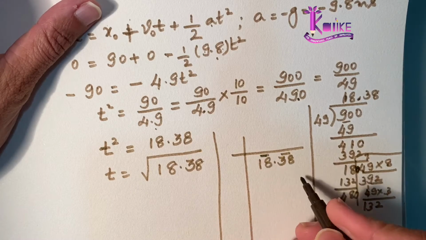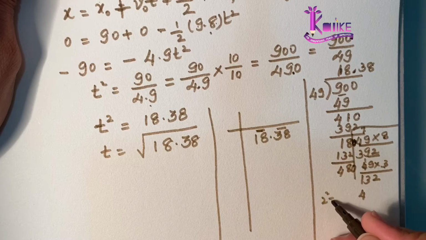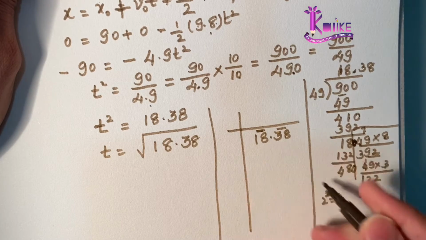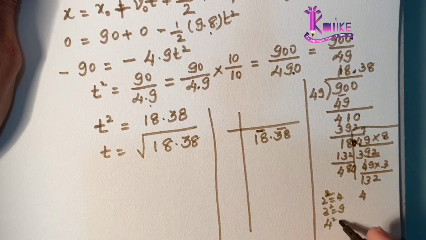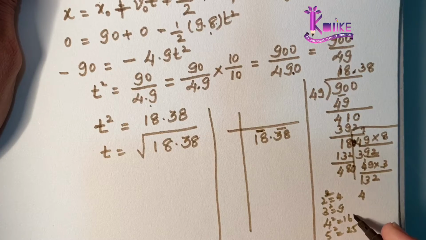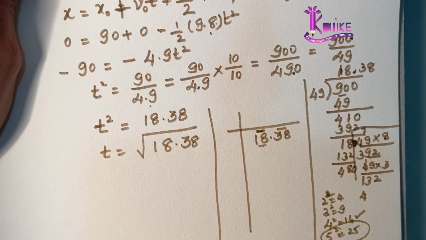So now you have to find out a perfect square. We know 2 square is 4, which is lesser than 18. 3 square is 9, right? 4 square is 16. 5 square is 25. So this is appropriate. 25 is a larger number because I just have 18 here.